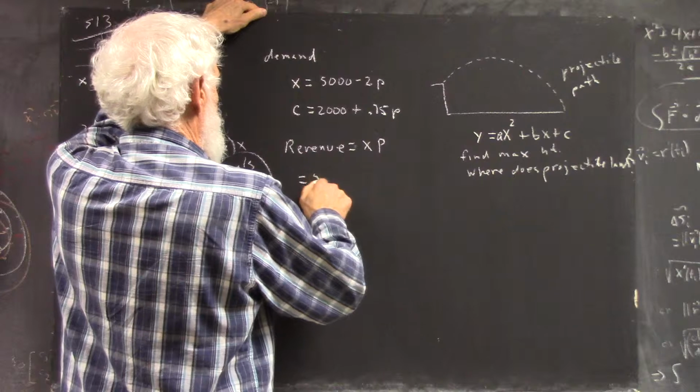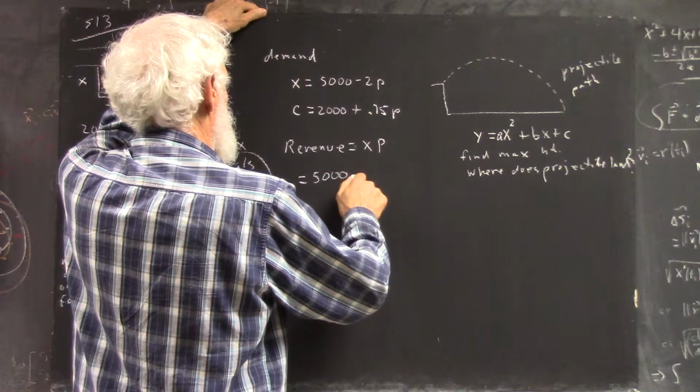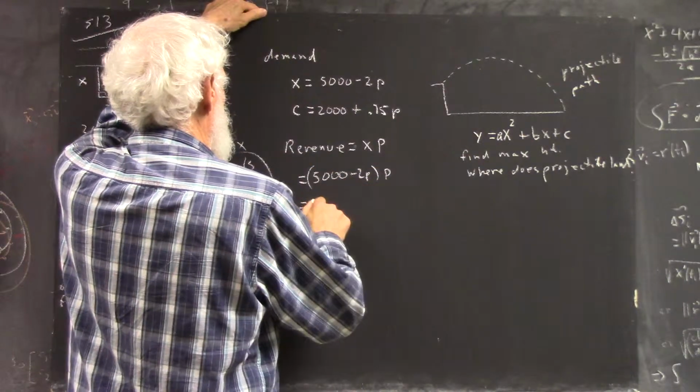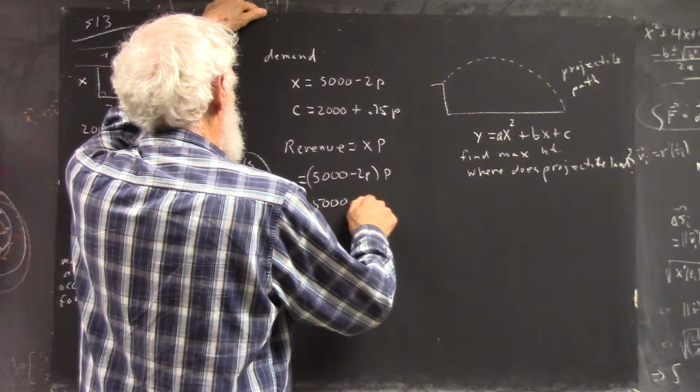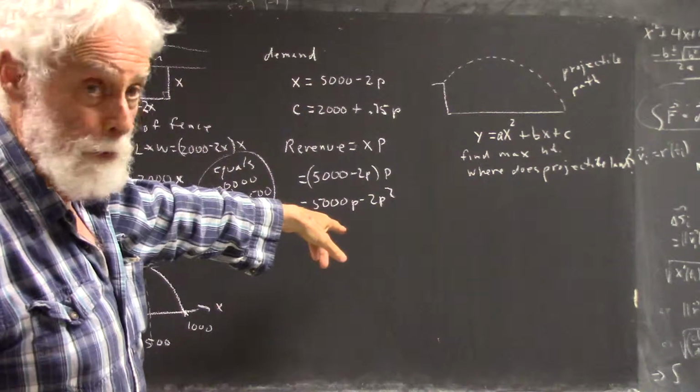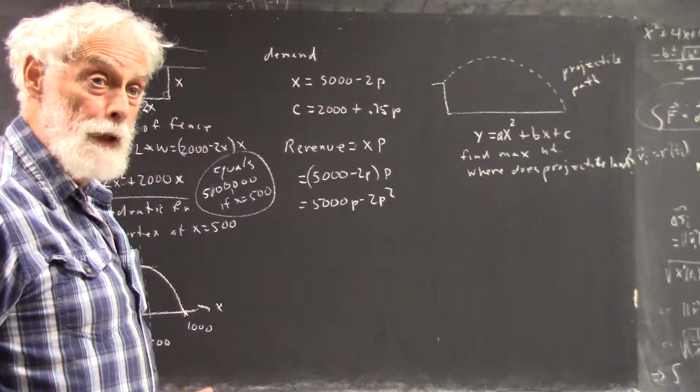And that's (5,000 minus 2p) times p, which is 5,000p minus 2p squared. And we could figure out what p would have to be to maximize the revenue.